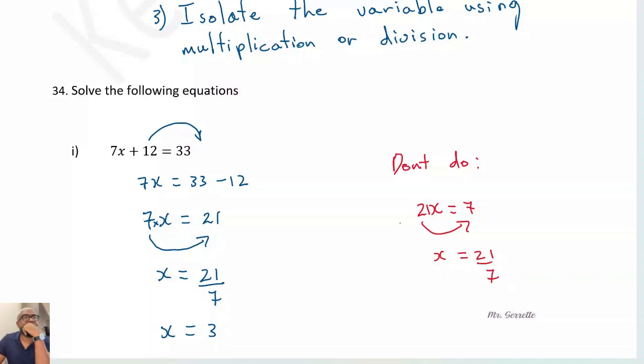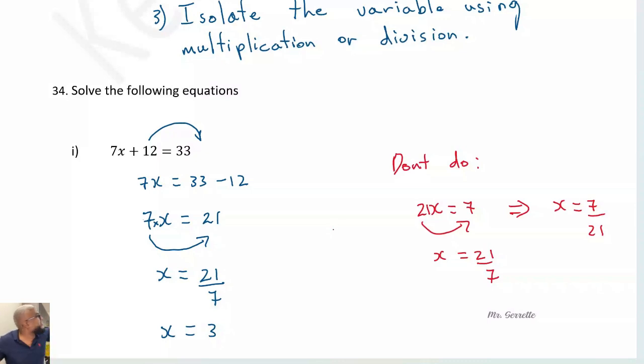But what is really supposed to be going on here? This is supposed to be x is equal to 7 over 21. Because they see the bigger number on the side, they just put the bigger number on top. Plenty of students do that in school. You see what I'm talking about? This 21 is on the left. You're bringing the 21 here, giving you 7 on the right.